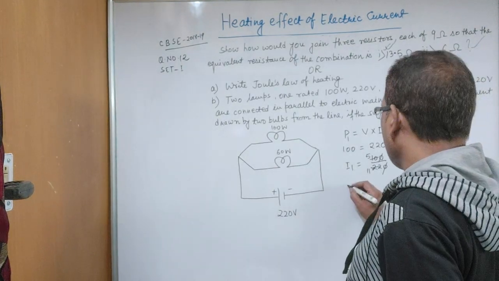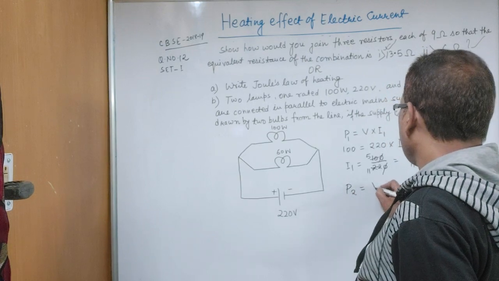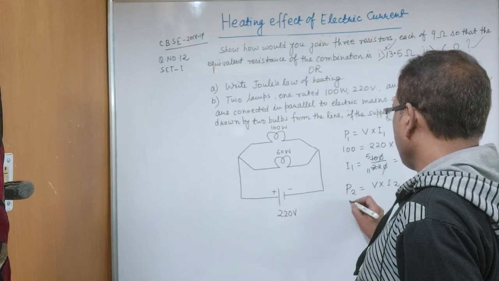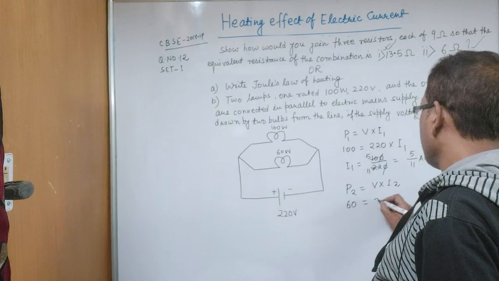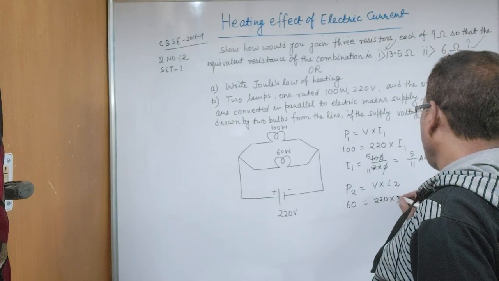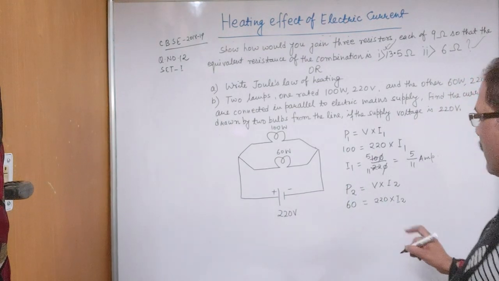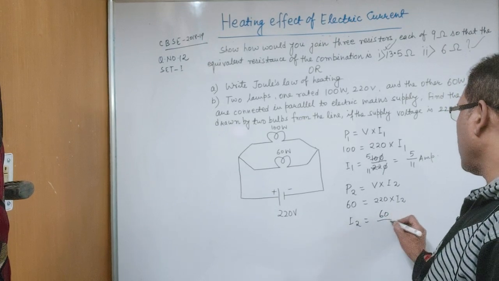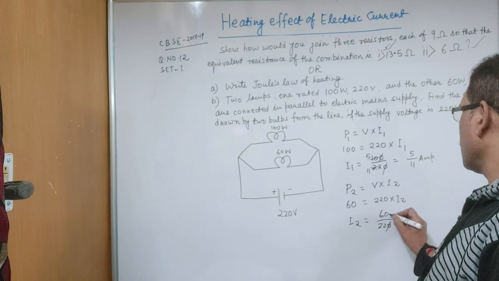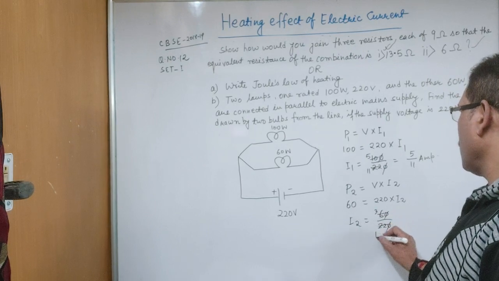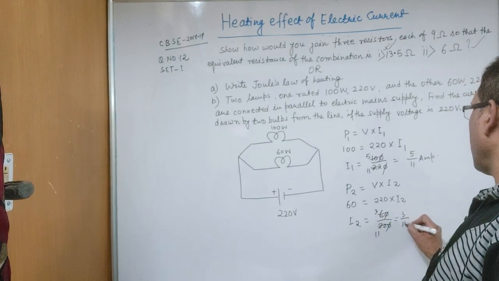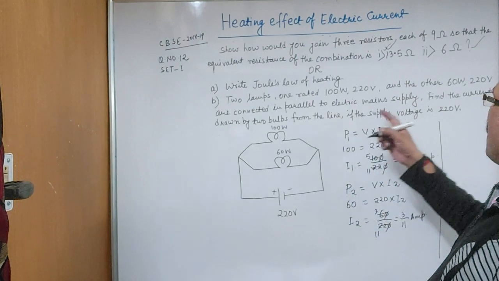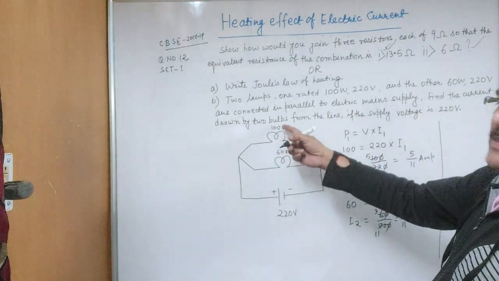Now for the second bulb, similarly we can write P2 is equal to V into I2. The power of this bulb is 60 watt, V is 220 volt, and let I2 current flow through the 60 watt bulb. So I2 will be simply 60 by 220. If you simplify, you will get 3 by 11 ampere. Now they are asking to find the current drawn by the two bulbs.